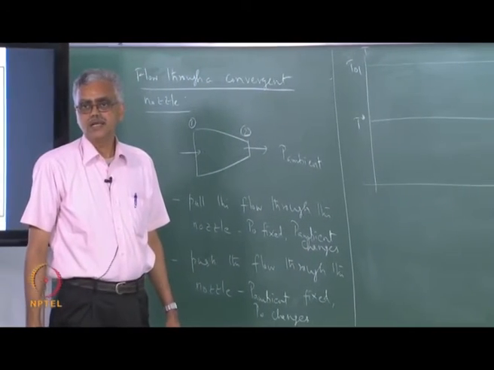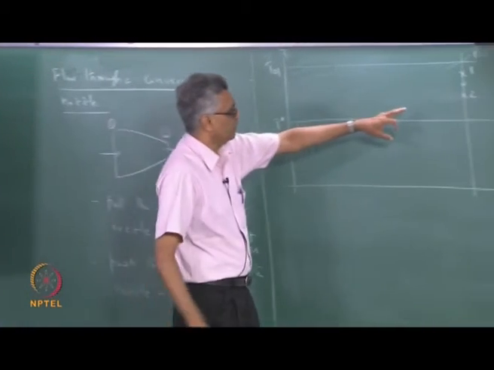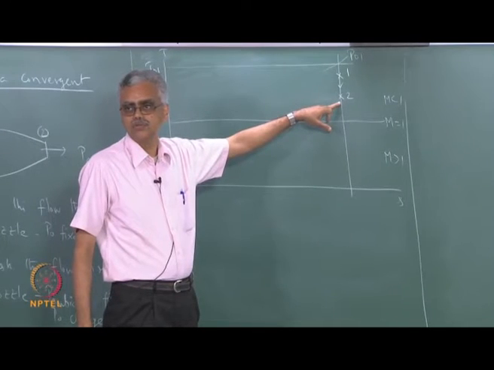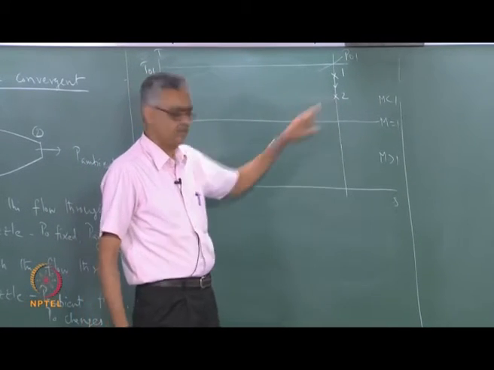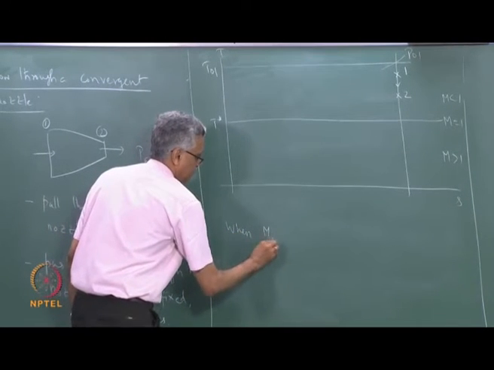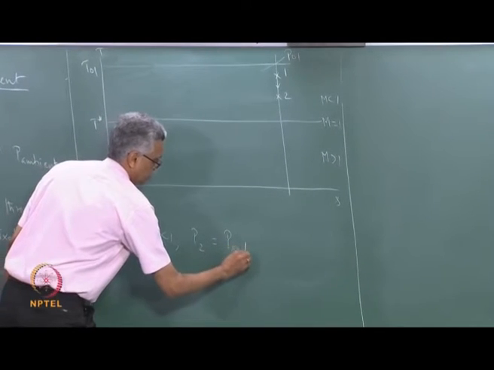This is my expansion from state 1 to state 2. Remember, the ambient pressure is fixed. When the Mach number is subsonic, the exit pressure is always equal to the ambient pressure, correct. When M2 is less than 1, P2 is equal to P ambient.